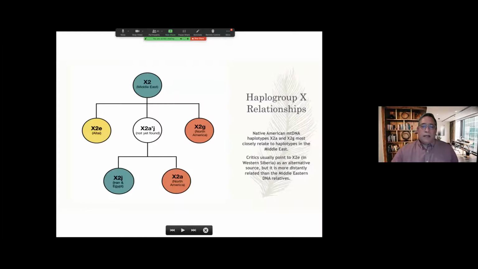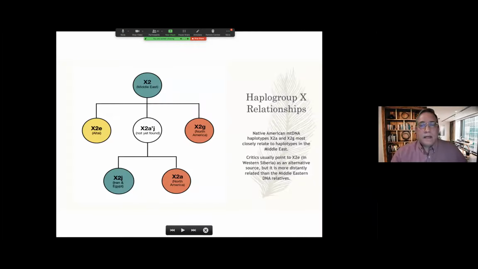The X2A, the most common Native American DNA of this type, is actually more closely related to what I just mentioned, X2J in the Middle East, than it is to the other Native American X2 DNA type. So it's thought that the Native American X2A DNA type and the Middle Eastern X2J DNA type come from some not yet found common ancestor that likely came from the Middle East.